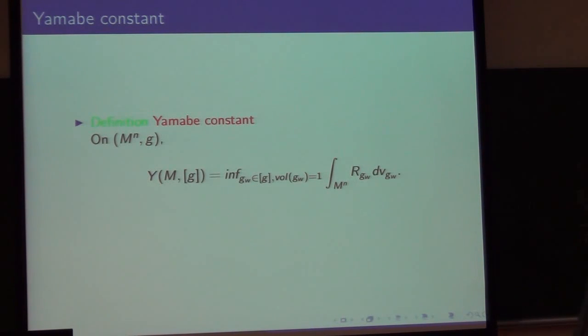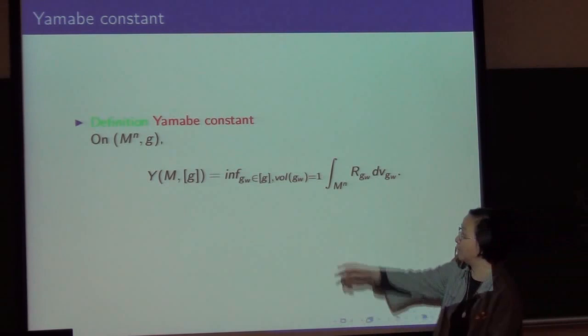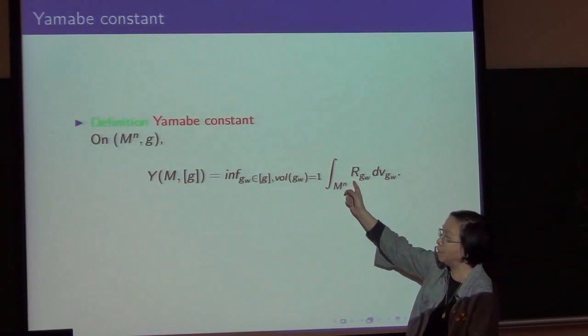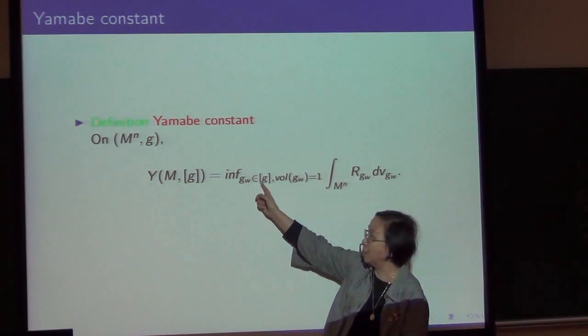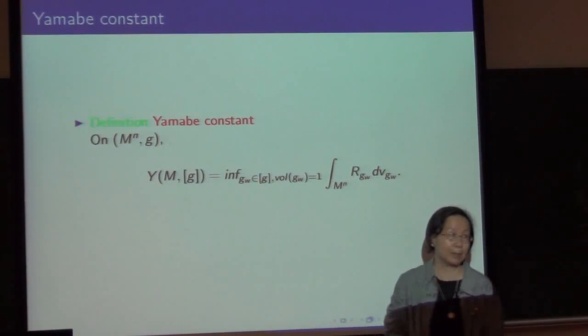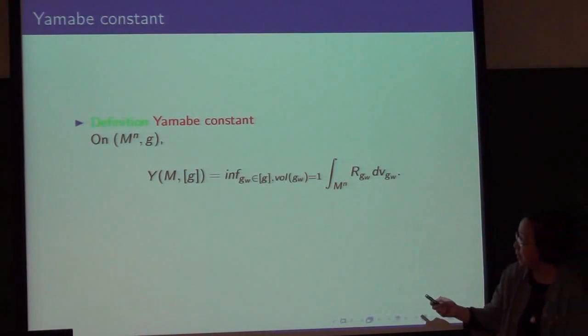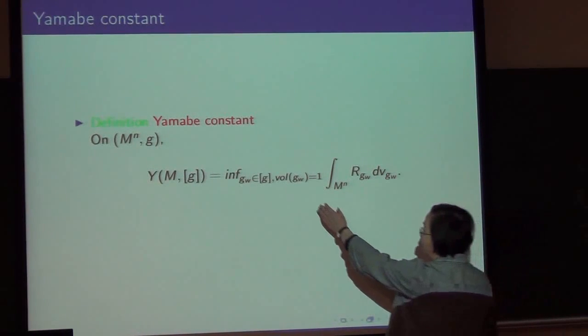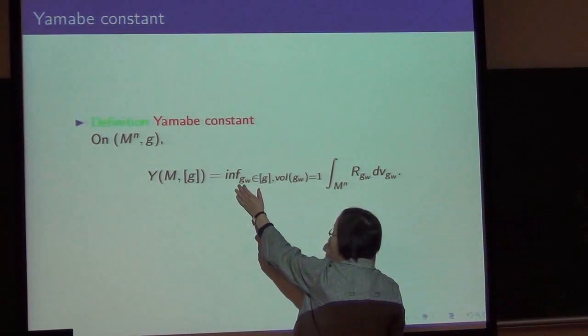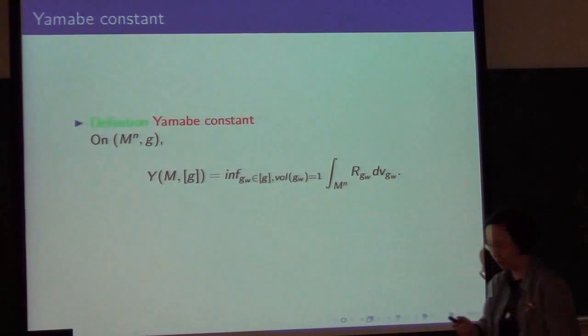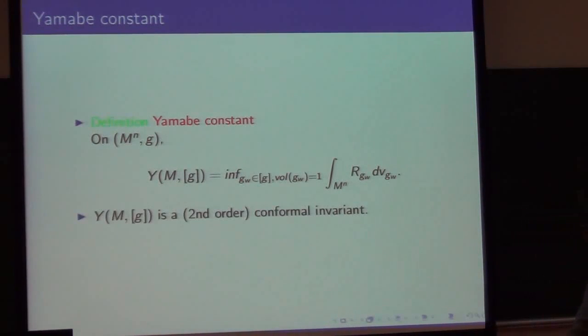So to say that, let me recall the second order constant. There is something called the Yamabe constant. You look at the integration of the scalar curvature over all metrics in the same conformal class, normalized by volume equal to 1. That's called the Yamabe constant. It's a conformal invariant because it is the infimum over all metrics in the same conformal class. So this is a second order conformal invariant.